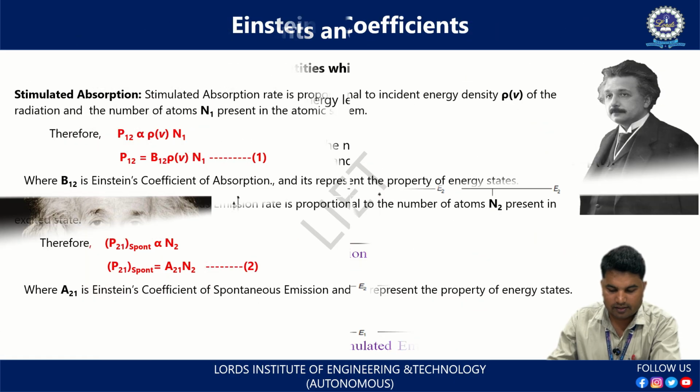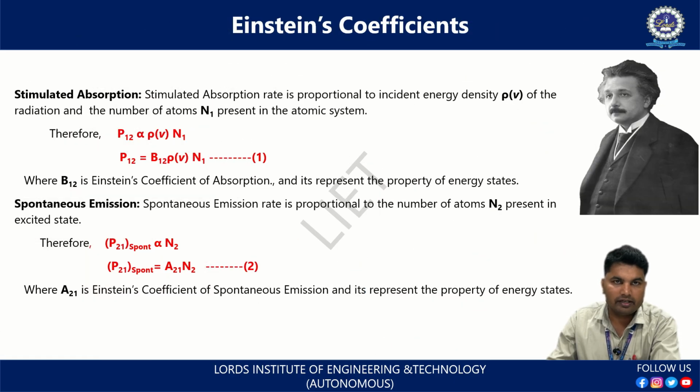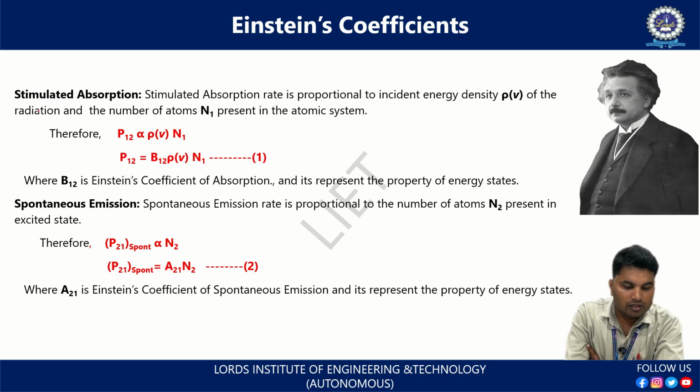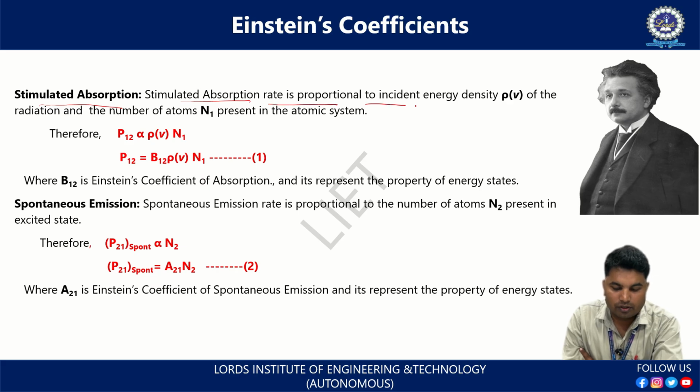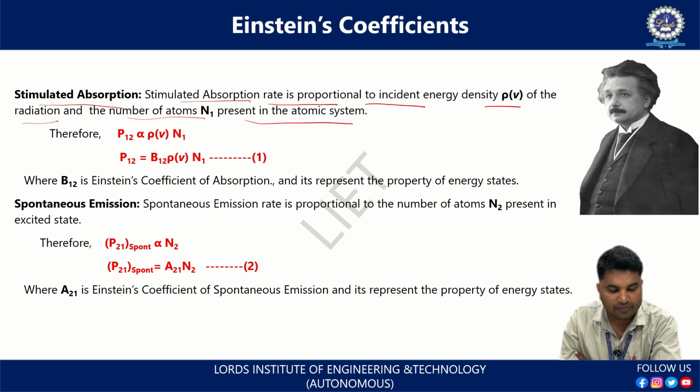So let's discuss the dependency based on stimulated absorption, spontaneous emission, and stimulated emission. Stimulated absorption: the stimulated absorption rate is proportional to the incident energy density rho of nu of the radiation and the number of atoms N1 present in the atomic system.